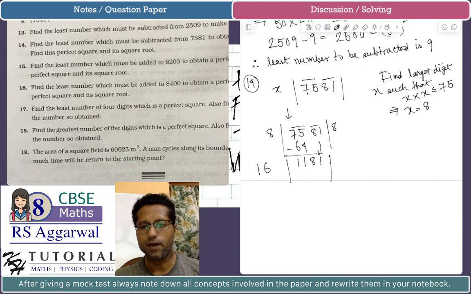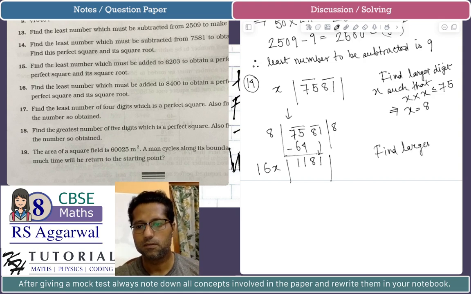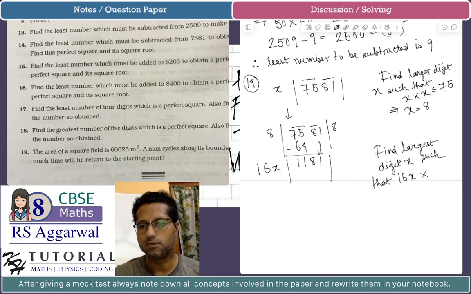Now we have to find the largest digit x such that the 3-digit number 16x multiplied by the digit x is less than or equal to 1181.